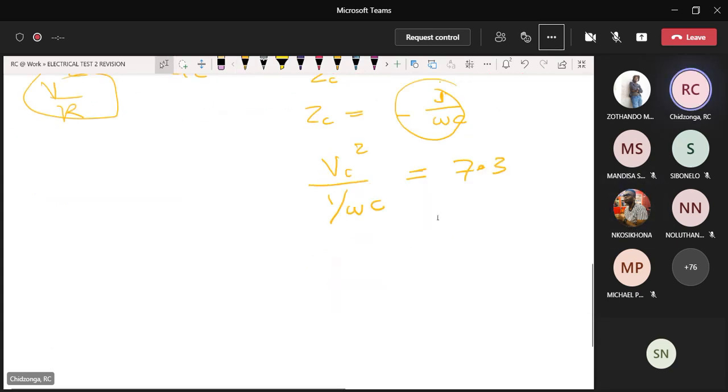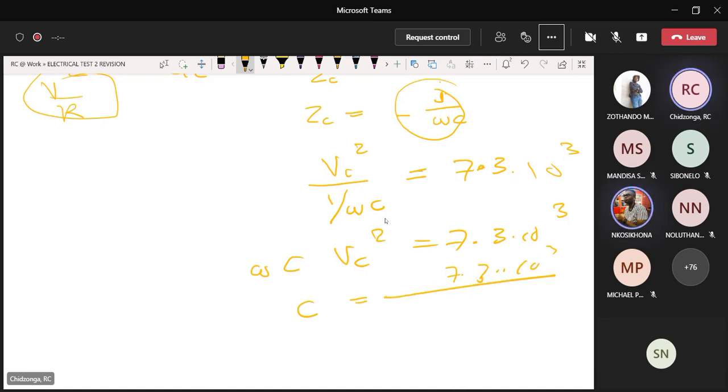So after this, you are simply solving an equation. At the denominator, you have the inverse of omega C, so you can write this as omega C VC squared equals 7.3. Remember, this is K. And then from there, you are simply dividing because you want C. So you must take this factor and that factor and put it on the other side. Therefore, C equals 7.3 times 10 to the 3, all divided by omega times VC squared.